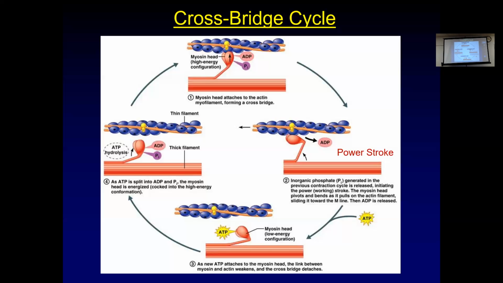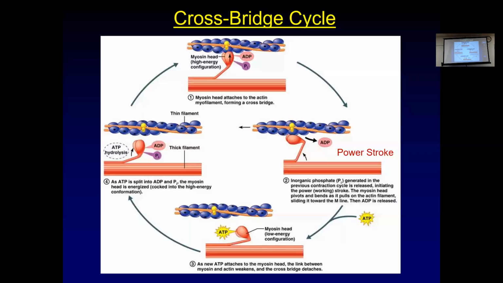So remember that the thick filaments, the myosin heads, are going to have an enzyme on them that is meant to split ATP. Also, the myosin head can change its shape, if you will, okay? And so as soon as we pull tropomyosin out of the binding site on actin and the myosin binds in, it is going to be in what we're going to term a high energy configuration.